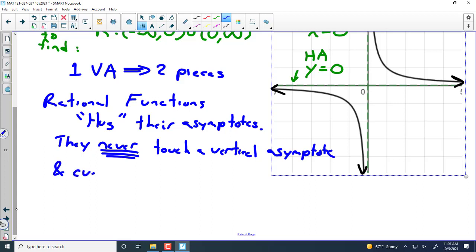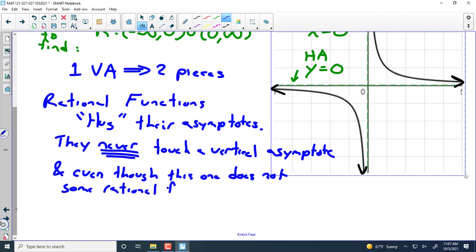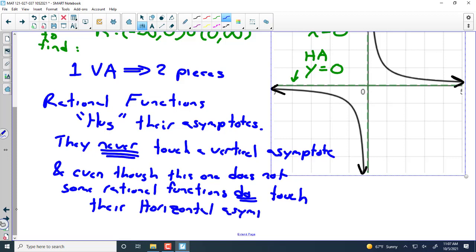And even though this one does not, some rational functions do touch their horizontal asymptote. So rational functions hug their asymptotes, but they'll never touch a vertical asymptote, never.